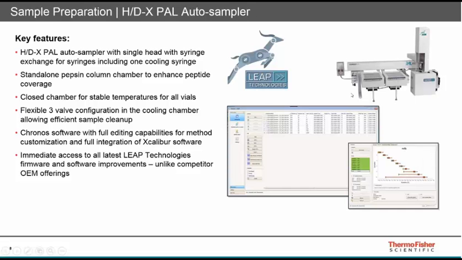They are Peltier cooled for keeping a really stable temperature. Also, we see a separated standalone column chamber for the pepsin column on the very right side here of this white box. And inside this square box, we have a flexible 3-valve setup and also the trapping and the analytical column for the peptide separation.